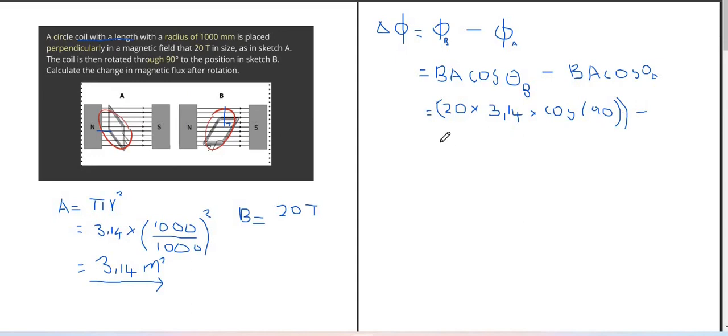Minus, now you have 20, the magnetic field, and our area is still the same, 3,14, multiplied by the cosine of the angle 0, the angle between the magnetic field lines and the normal.